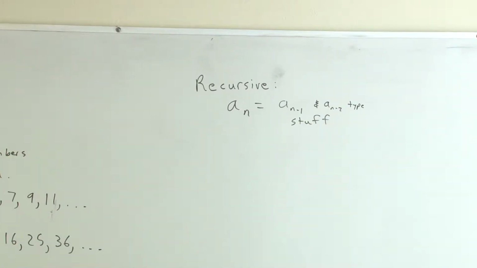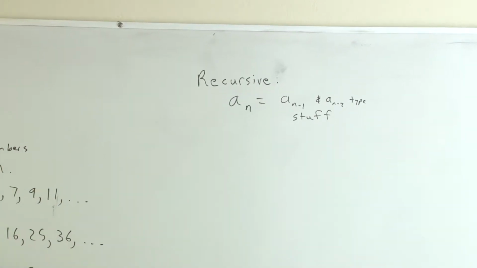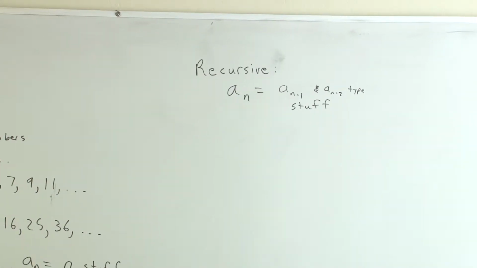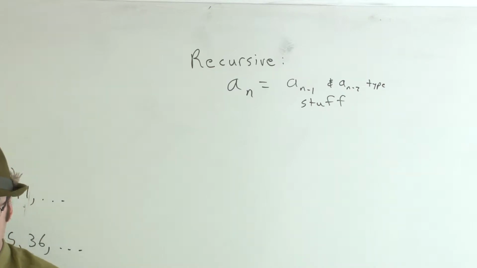So I can't get a 300 until I know a 299. I can't get the 500th term in the sequence until I know the 499th term. And I can't get the 499th until I know the 498th.